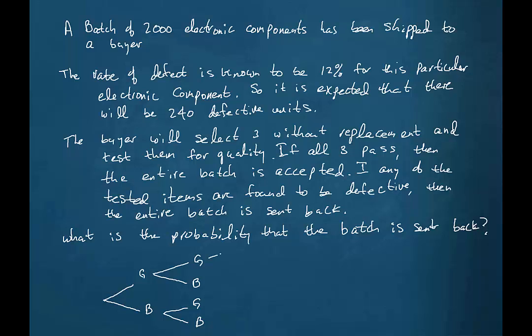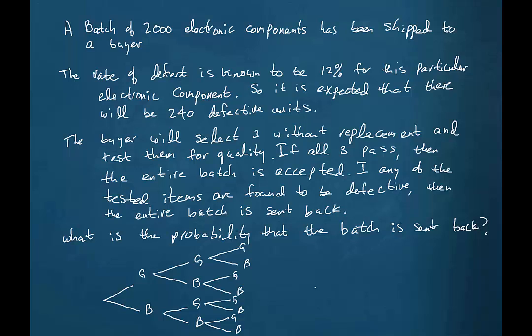Then a third selection will be made, and that selection will be either good or bad. So this tree shows all of the possible outcomes for this experiment.